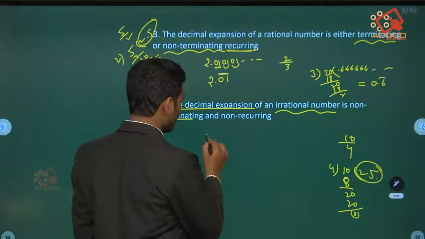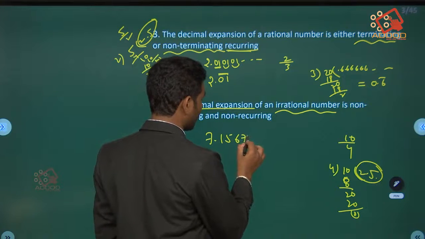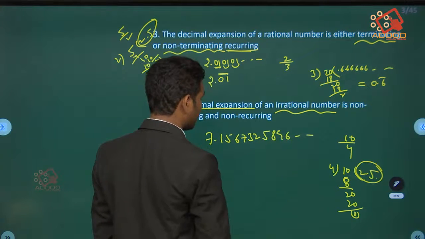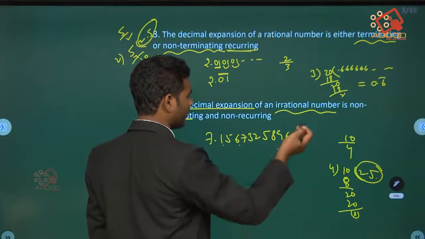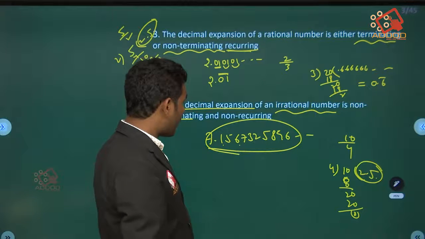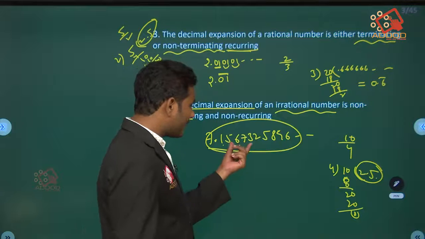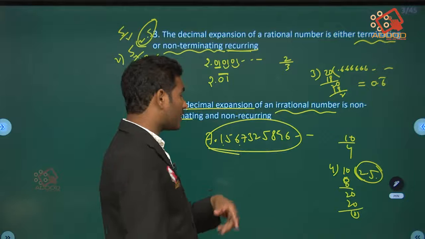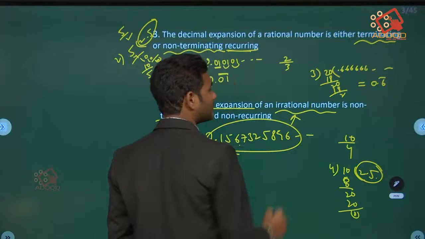So for example, 7.1561267325896, like that. There is no order, so this one we can't express in p by q form either. After the decimal point the values are non-recurring, so these types of numbers are called irrational numbers.